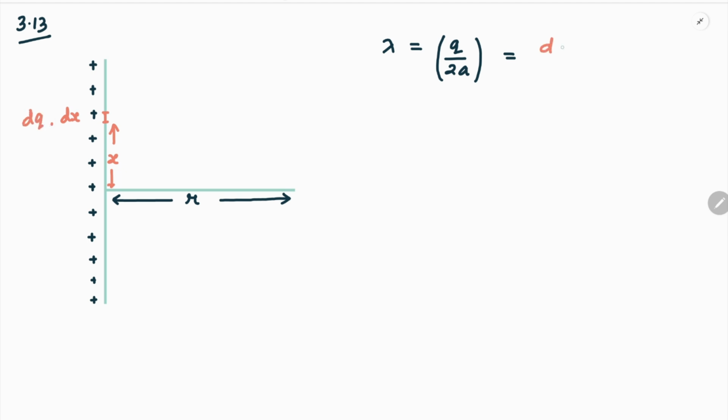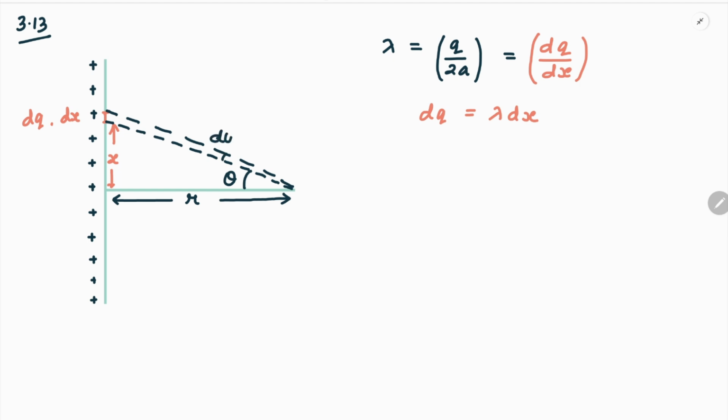So lambda is equal to dq by dx, so dq can be written as lambda times dx. At this point we will be calculating the electric field due to this length dx, which subtends an angle d theta.